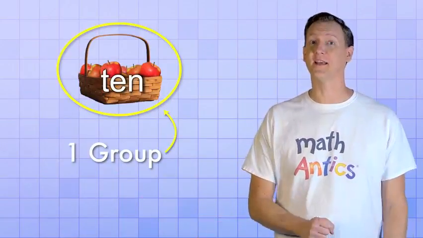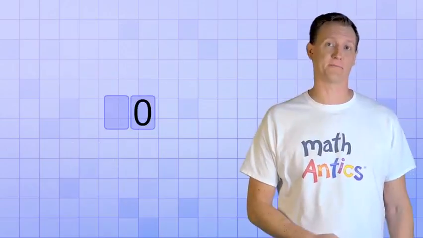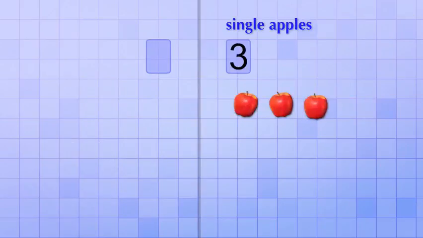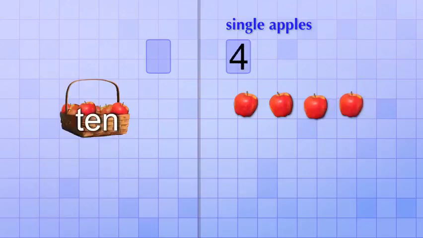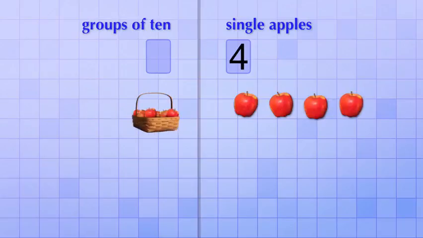Does that help us with our lack of digits problem? It sure does, if we use another number place. Instead of using this new number place to count up individual apples one at a time, like we did with the first number place, we're going to use it to count apples 10 at a time. In other words, we'll use it to keep track of how many groups of 10 apples that we've picked. For example, if we've picked only one group of 10, then we'll put the digit 1 in that number place.